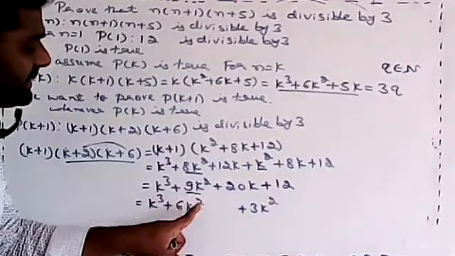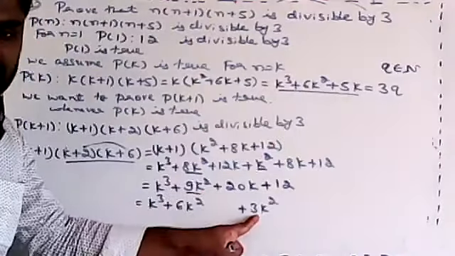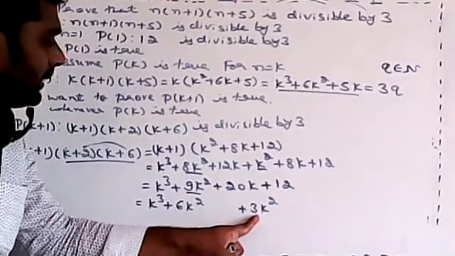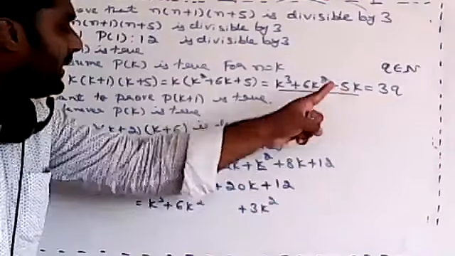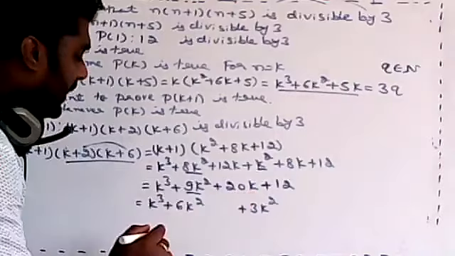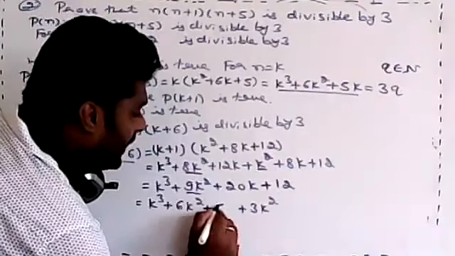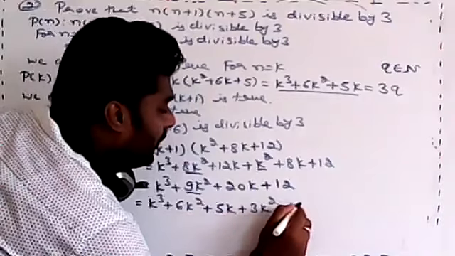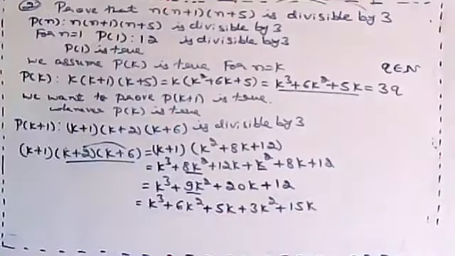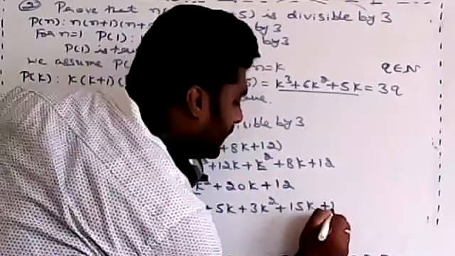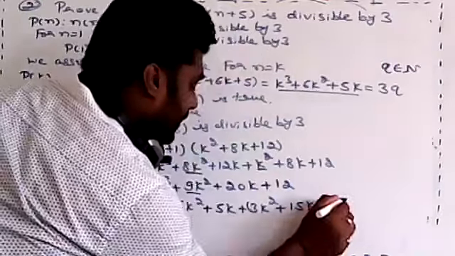Next, I want here 5k. So 20k we can write as what? Plus 5k and plus 15k. Correct? And the last one is what? 12. This is the separate term I'm taking.